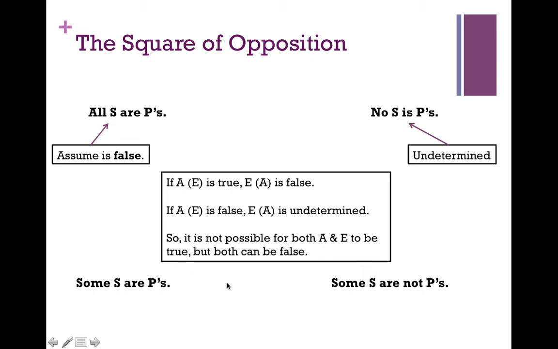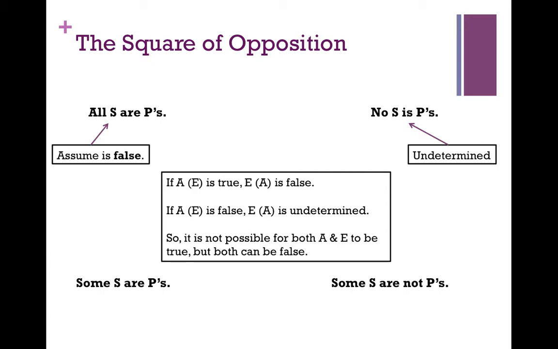Because suppose this were the scenario that some S are P and some S are not P. If both of these statements down here at the bottom were true, it would follow that the two at the top are not true. So it's possible for both A and E to be false, but it's not possible for both of them to be true.